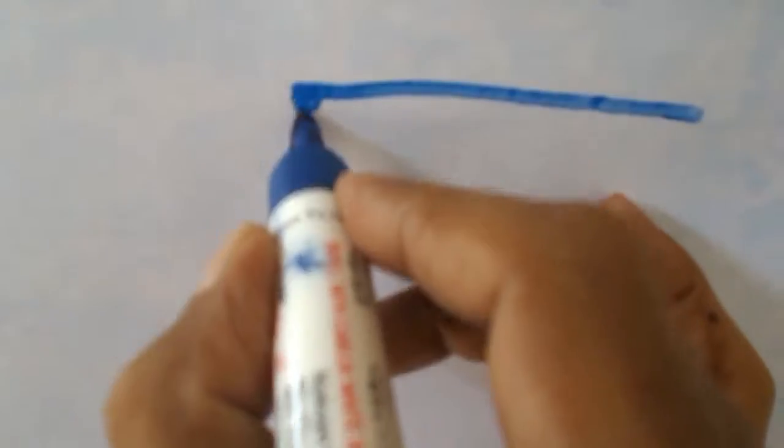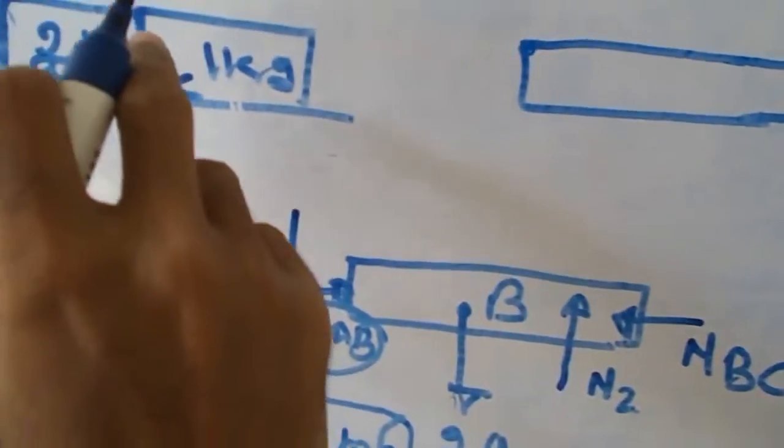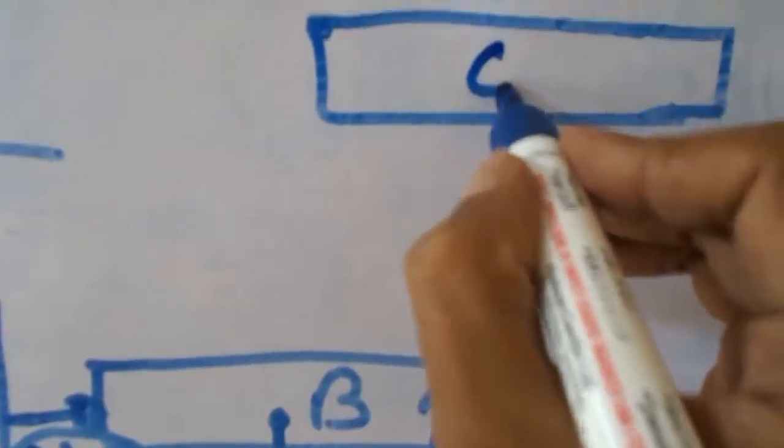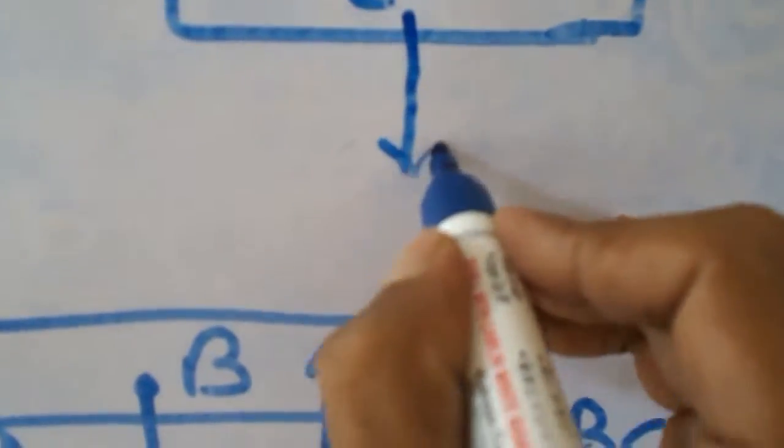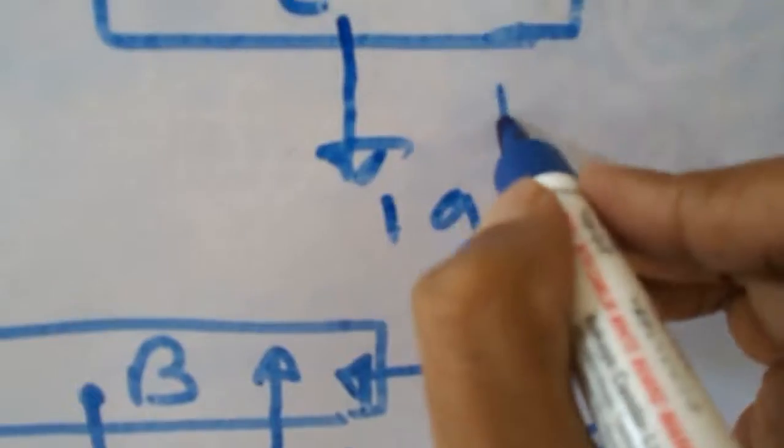Now I am going to write down the free body diagram of block C. This is the 1 kg block. This is the 1g. Here is the normal reaction, let me write down N3.